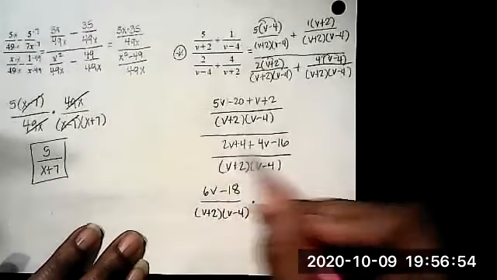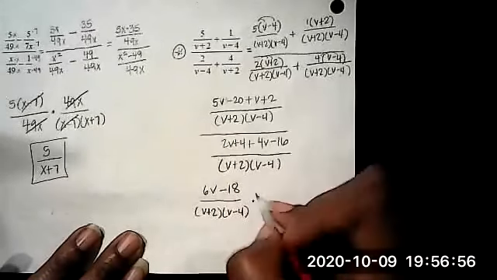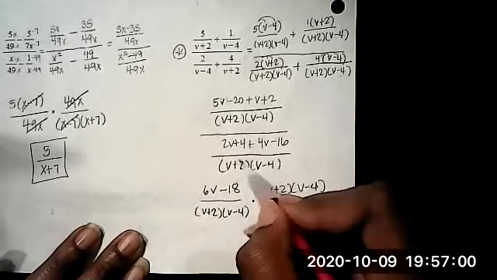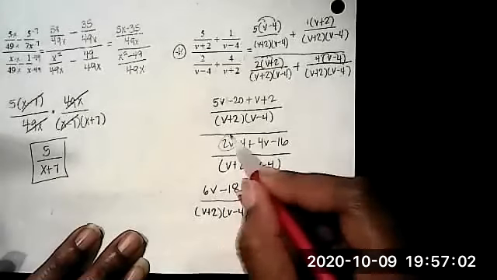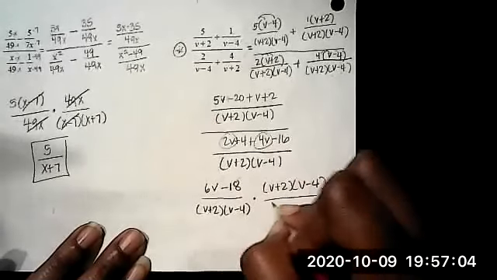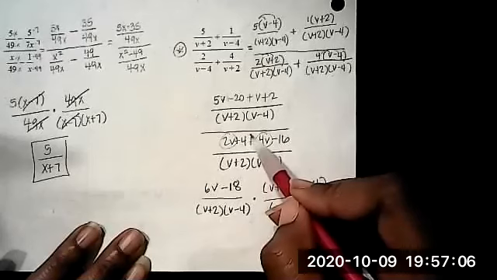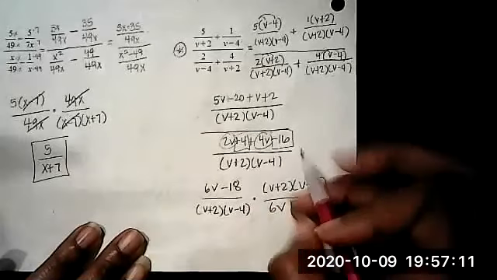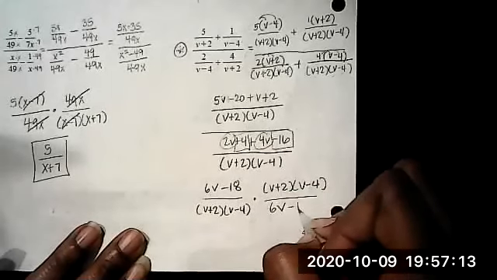Times, if I change that division to times, you know you have to take the reciprocal, B plus 2, B minus 4, and I can combine these like terms, 2B plus 4B is 6B. And then negative 16 and positive 4, it looks like it's going to be negative 12.